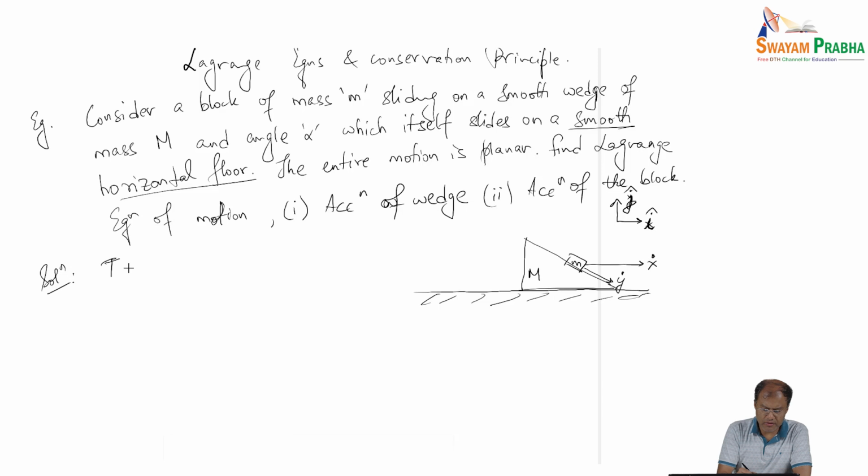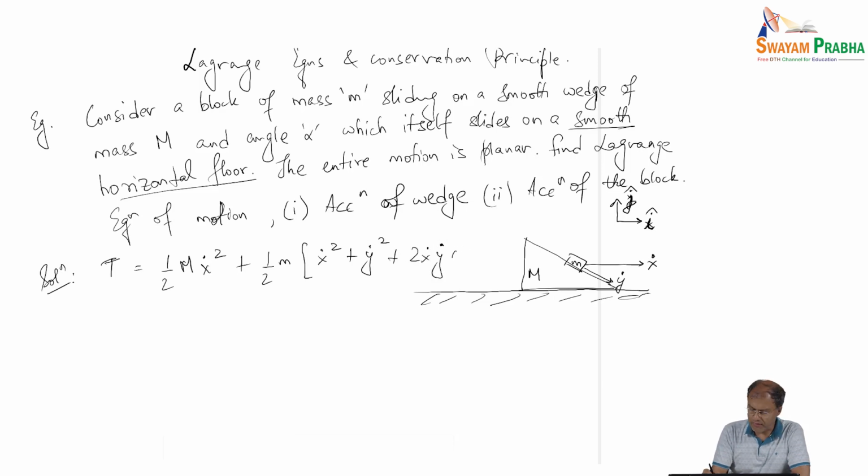The kinetic energy is the energy of the block plus the energy of the wedge, which is half m times x dot squared plus y dot squared plus 2 x dot y dot cos alpha, plus half M x dot squared. Here alpha is the angle of the wedge that is given.